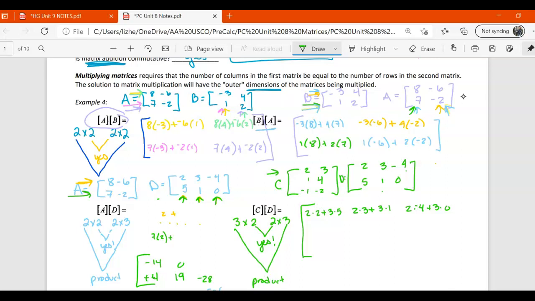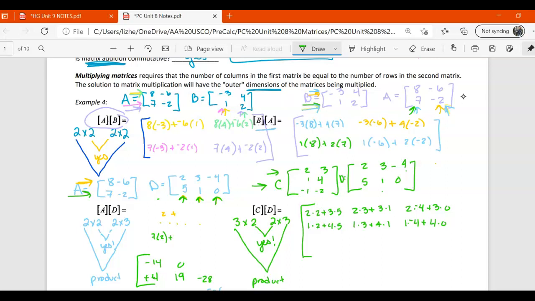All right, next one. Second row times first column. 1 times 2 plus 4 times 5. Second row, second column. 1 times 3 plus 4 times 1. And then finally, 1 times negative 4 plus 4 times 0.